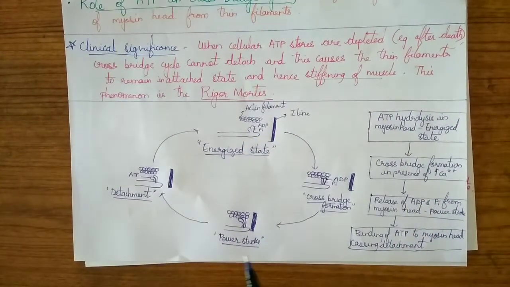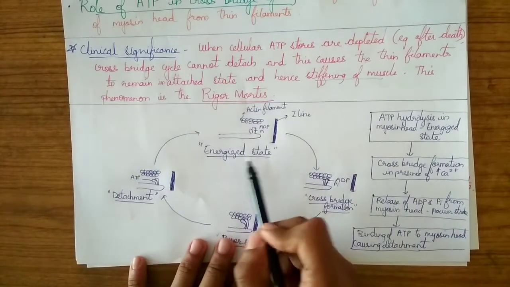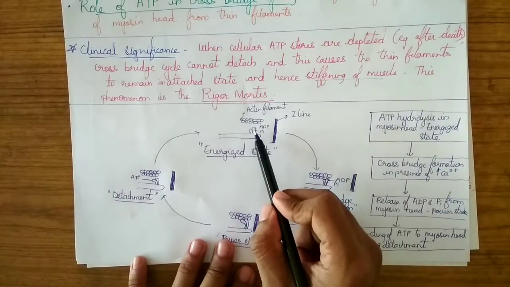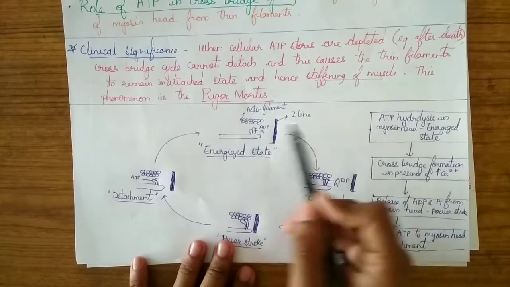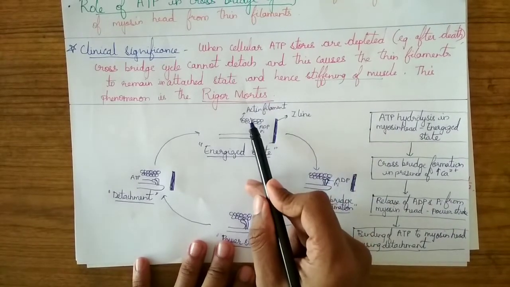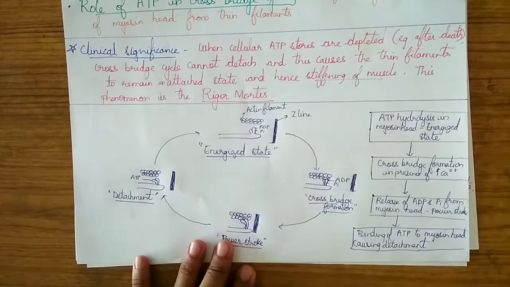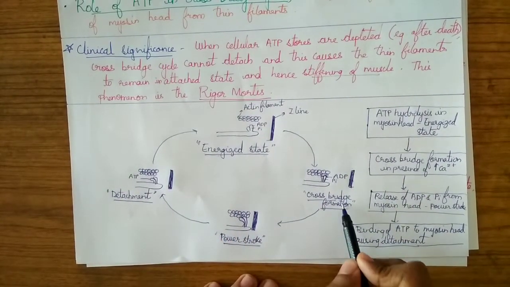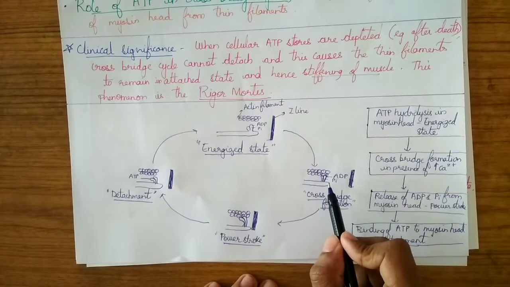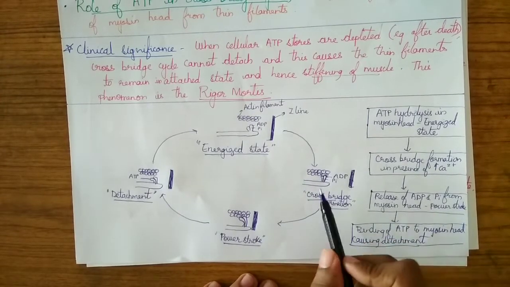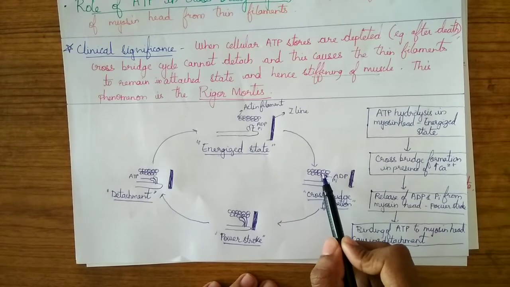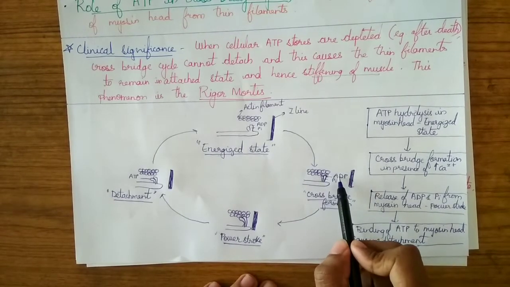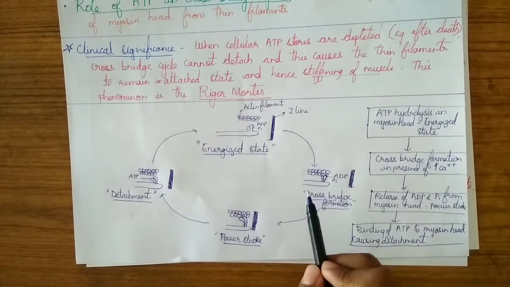So let's revise this cross bridge cycling with a small diagram. So this is the energized state. The myosin head contains ATP and phosphate molecules and is directed toward the actin filament, but it is not attached to it. So afterwards there is cross bridge formation due to the increase of calcium concentration in the cytoplasm. So the myosin head attaches now to the actin filament with the ADP and phosphate molecule attached to the myosin head.